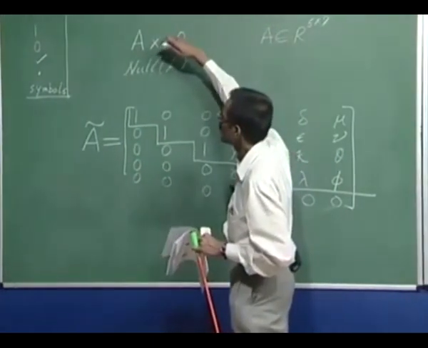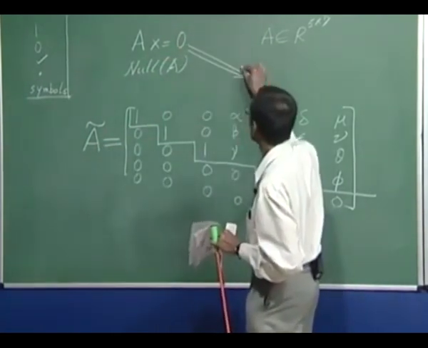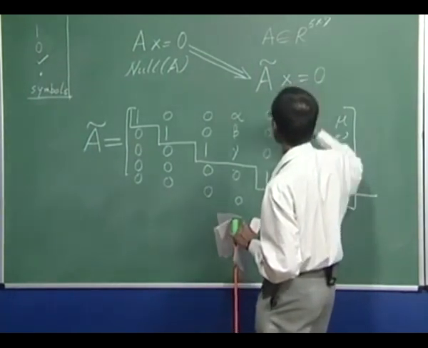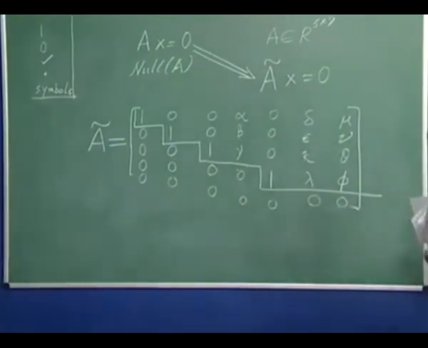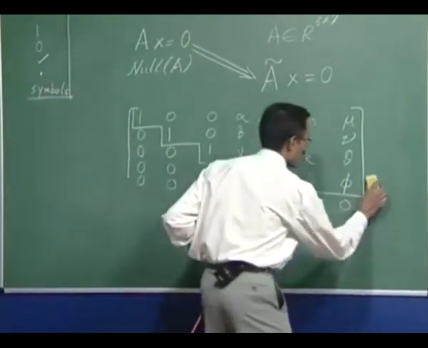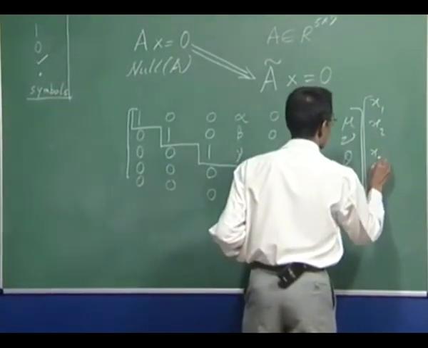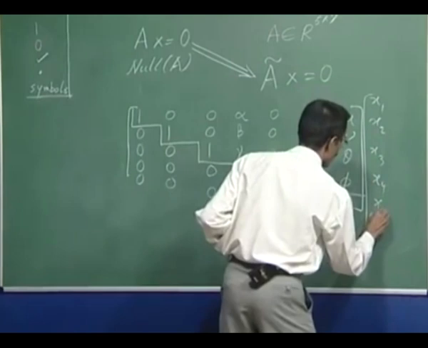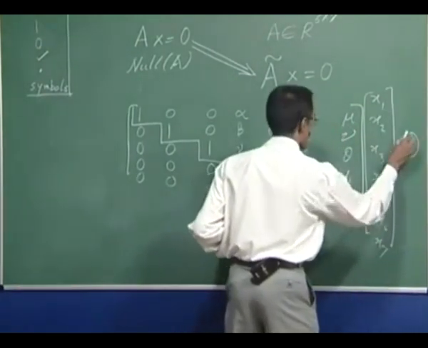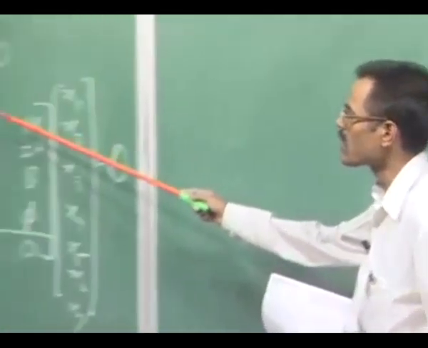That means, if Ax is 0, then that will also mean that A tilde x is also 0. The equations are now greatly simplified.